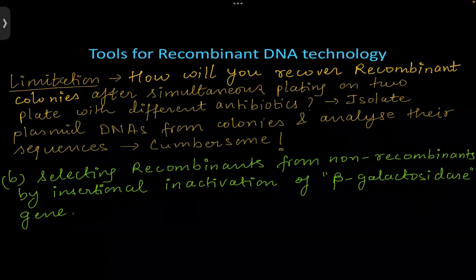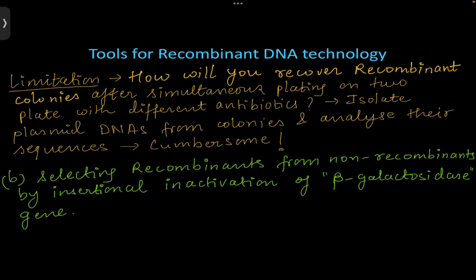Now, the limitation of this approach is, how will you ultimately grow the recombinants, which are not able to grow in tetracycline containing media? How will you ultimately grow them, because they are the population we are looking for?